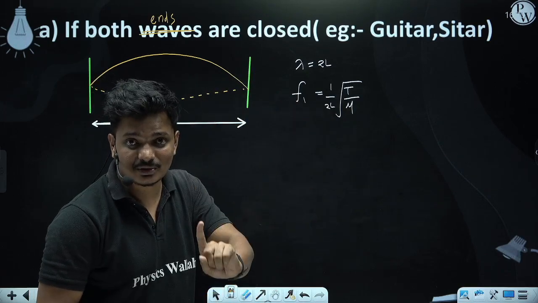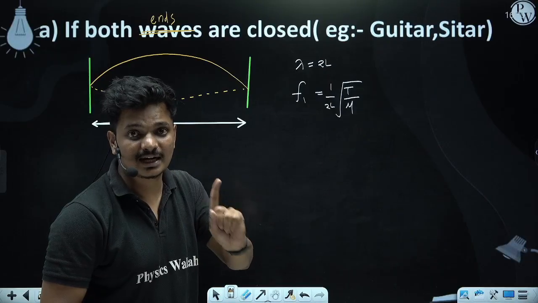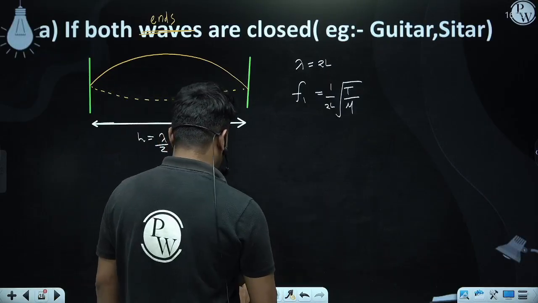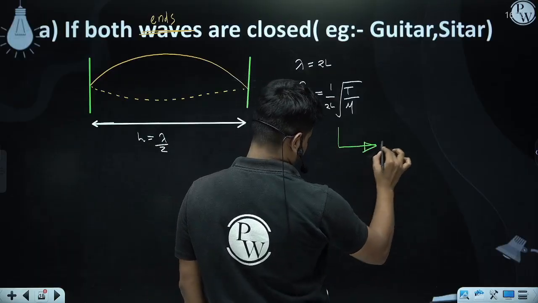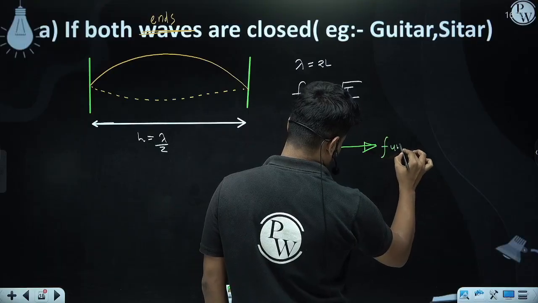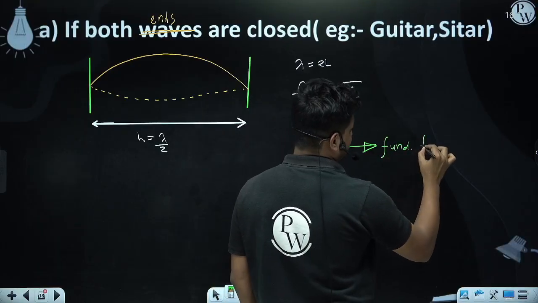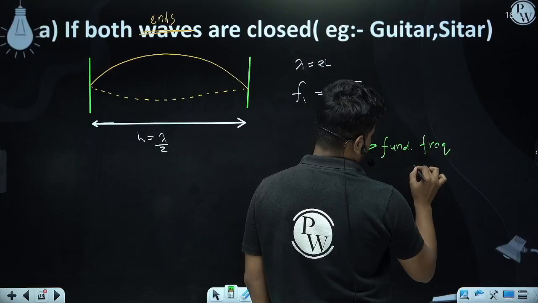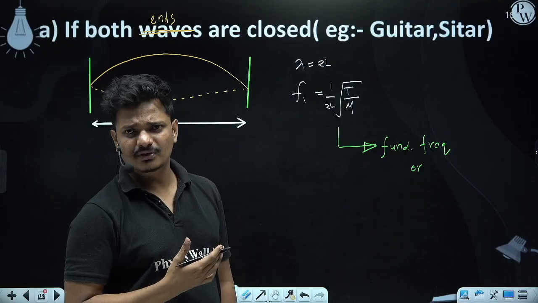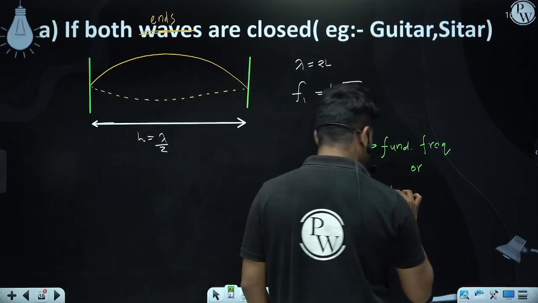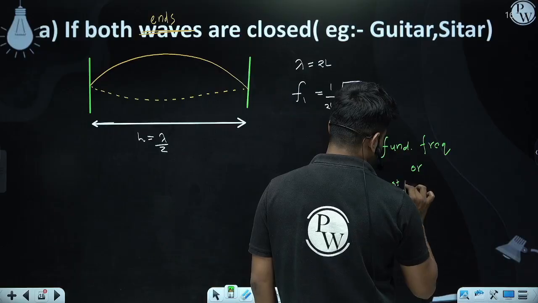What is the minimum frequency? That's the fundamental frequency. This is also an integral number of fundamental frequency, meaning this is the first harmonic. Okay, first harmonic.